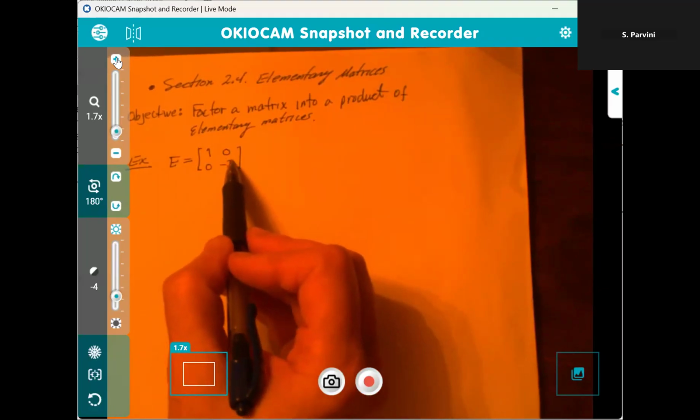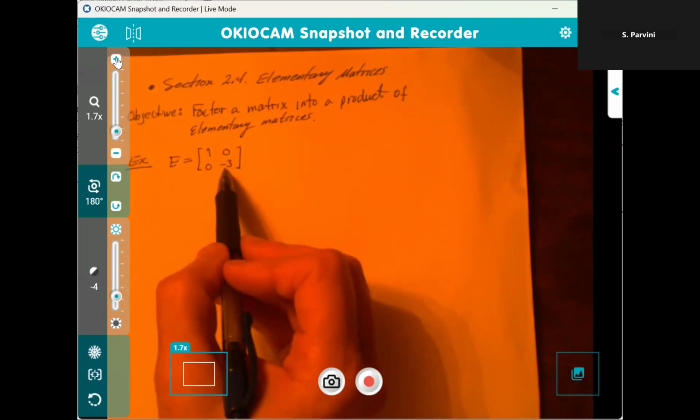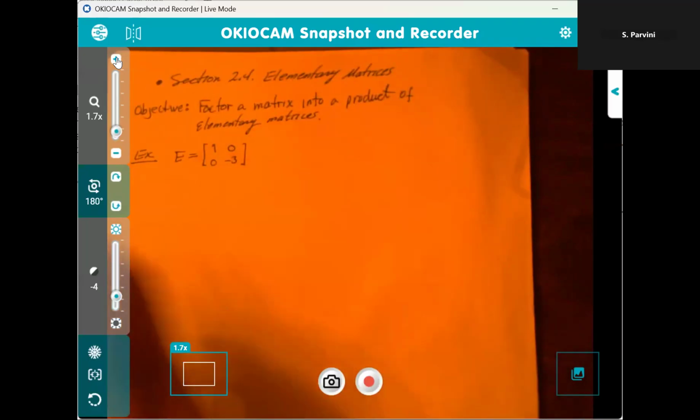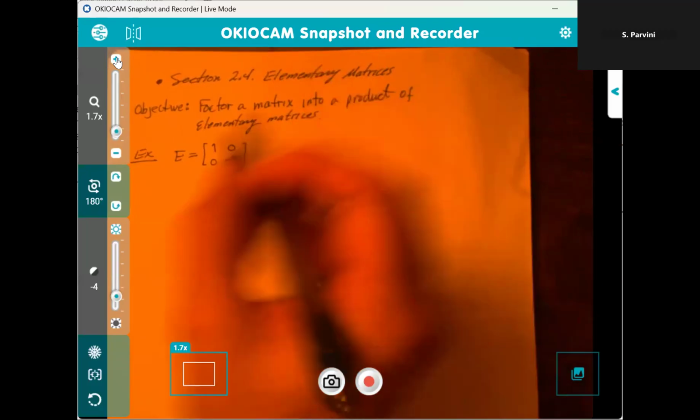Shouldn't this be 1 for an identity matrix, order 2? Yeah. So how can I get a negative 3 then? This was 1. What did I do? Factor out a negative 3. Now remember, elementary row operations, we can switch rows, we can multiply a row.